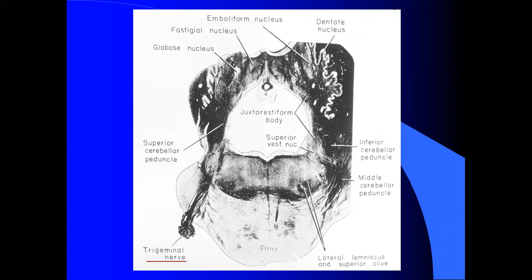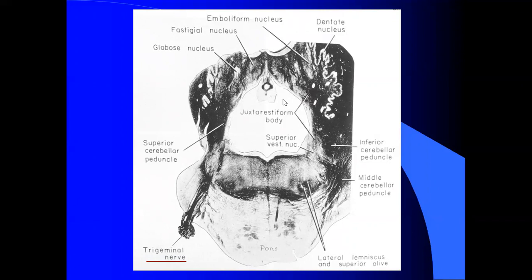Now, just for some relationship, we're going to come back to the nuclei in a bit, but here's the 4th ventricle, right? Here's the superior cerebellar peduncle. We're going to look at those in a couple of minutes. Here's the middle cerebellar peduncle here on the side with the embedded deep cerebellar nuclei, okay? Here's the juxtarestiform body.